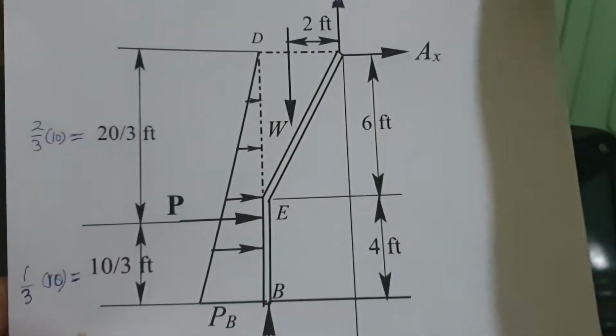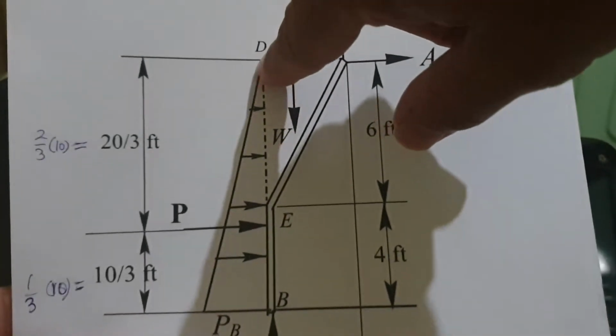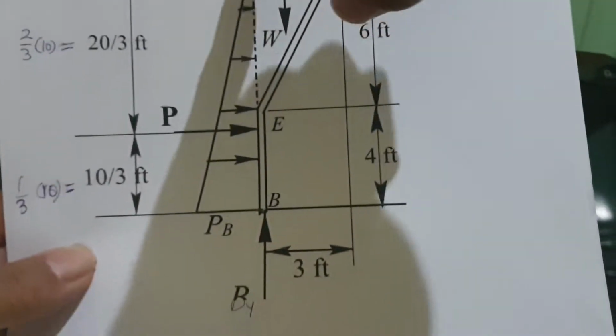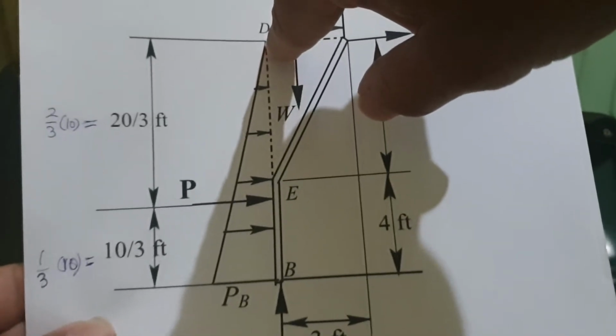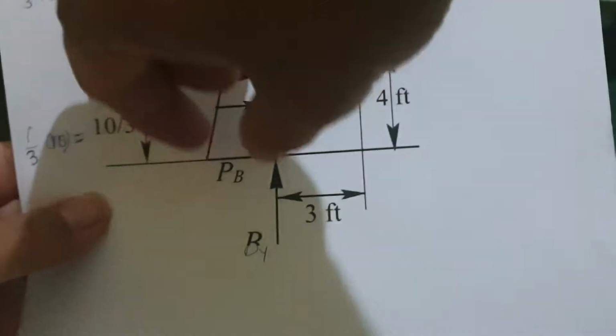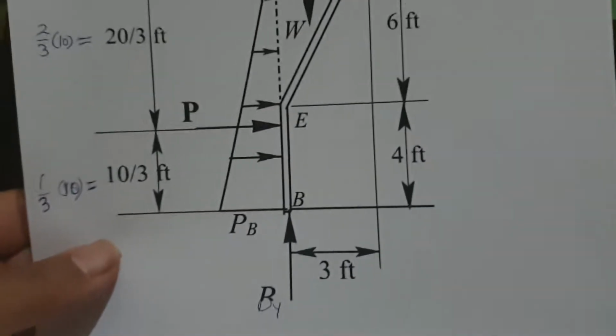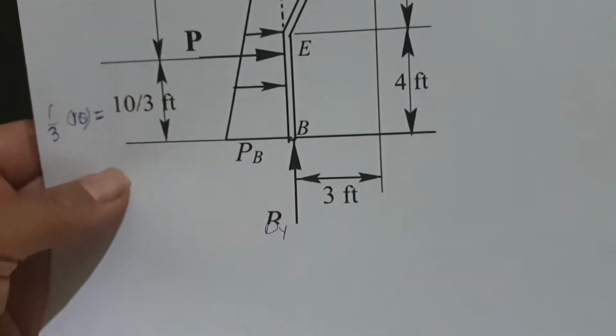And we're going to find out later on the weight of this triangle. We should start from a straight line, from zero pressure, all the way increasing linearly to get the maximum pressure. Because if you swim, every time you go deeper, the pressure force is higher.